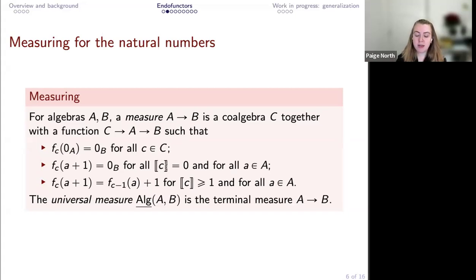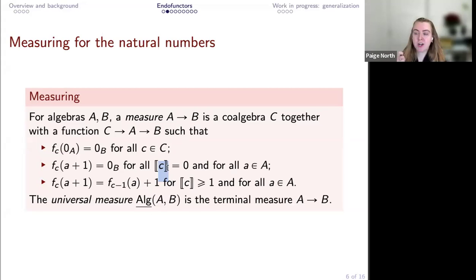It gives me a finite number or infinity for any c in C. I'm writing that as this bracket, and I might say it out loud as the index. That number is measuring something. If we think again about what a coalgebra is, it's a map from x to x plus 1 that we can think of as a partial endofunction.